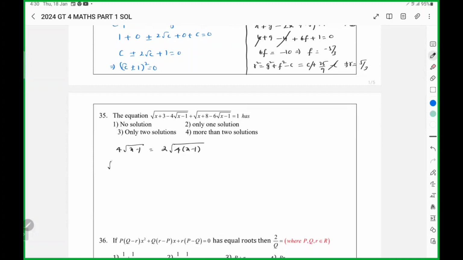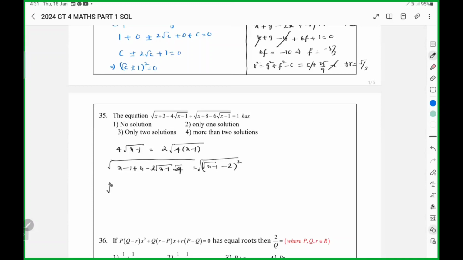So the first term, x minus 1 plus 4, x minus 1 minus 2 whole square.